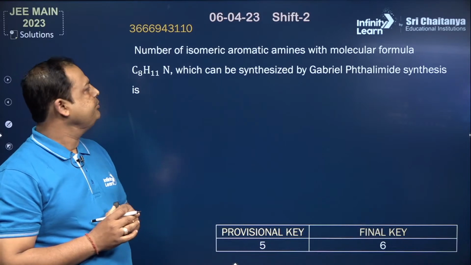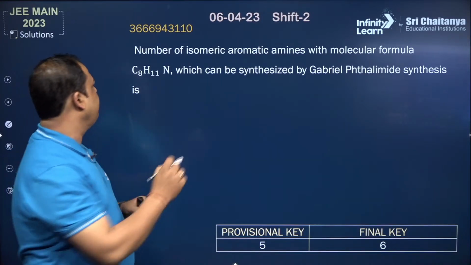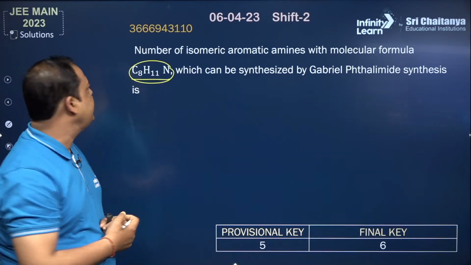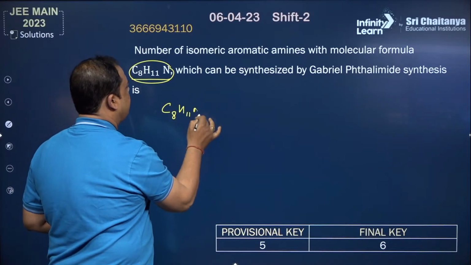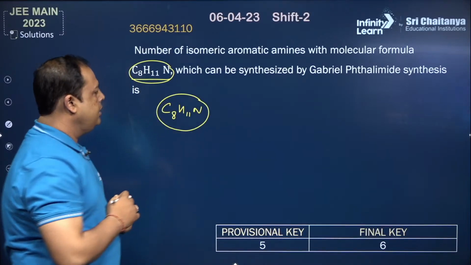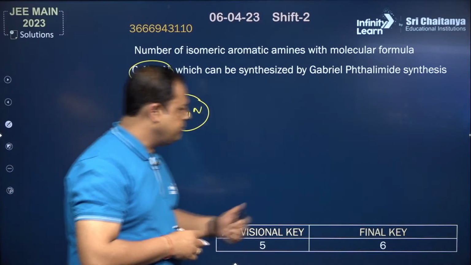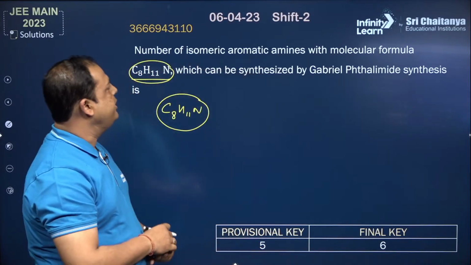So what primary amines can there be, which should match this molecular formula C8H11N? What answer has NTA given? 5. What is according to us? 6. So let's draw it.